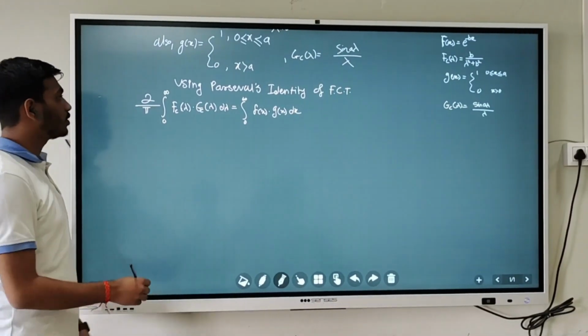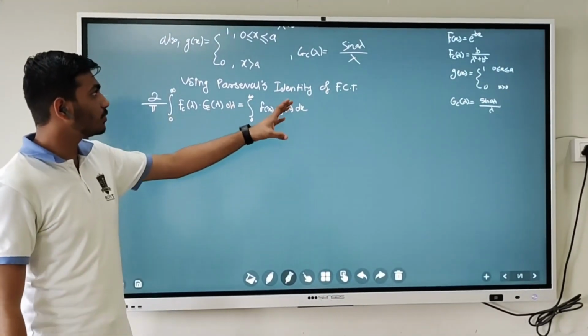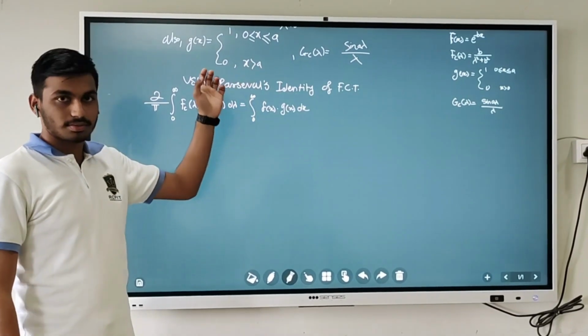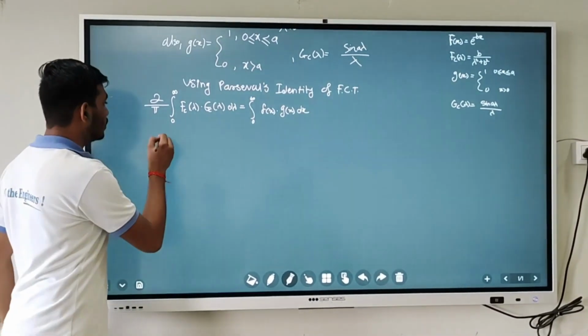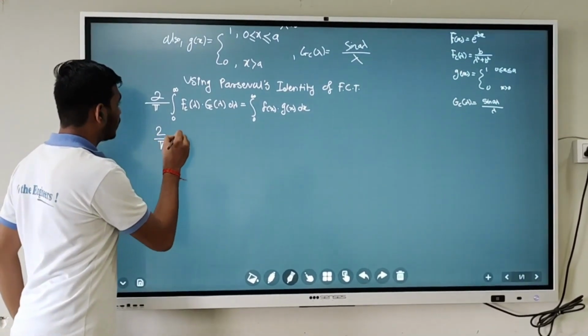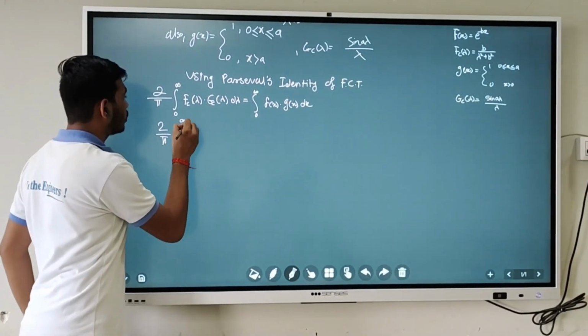Now we will substitute the known values from above, which is 2 upon pi integration from 0 to infinity.